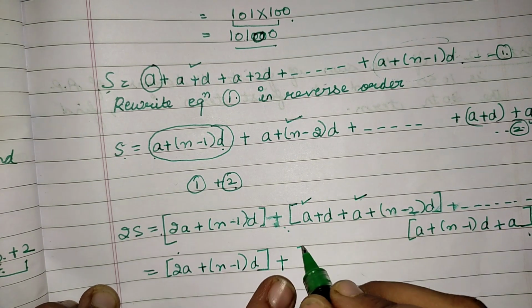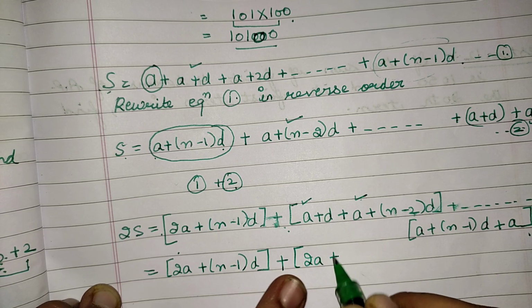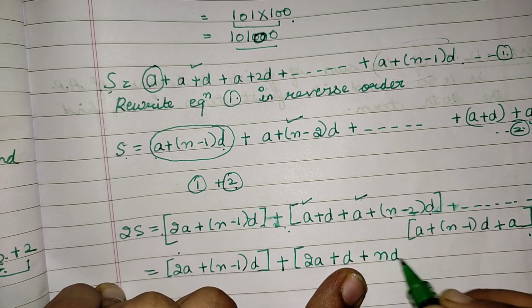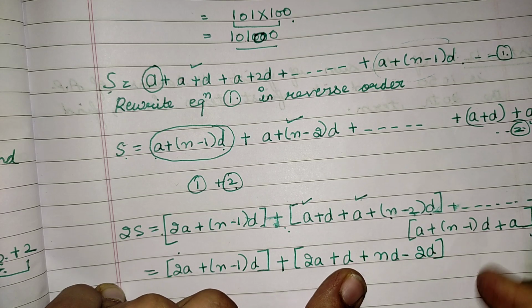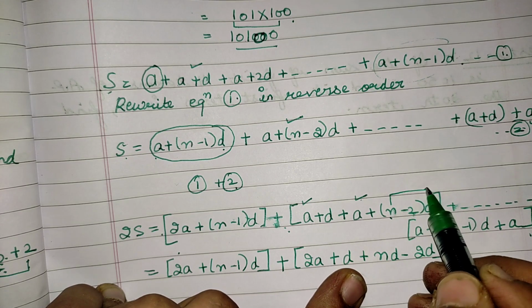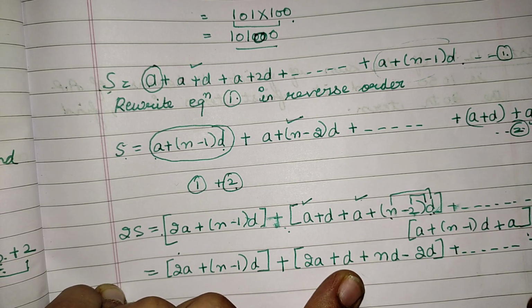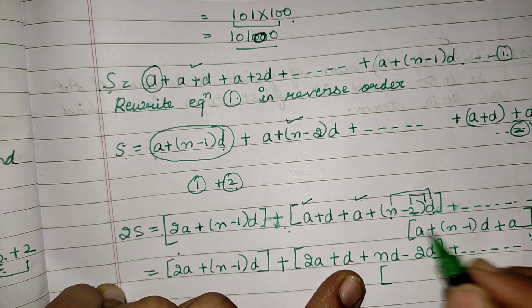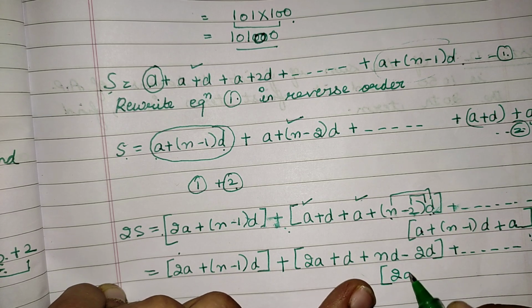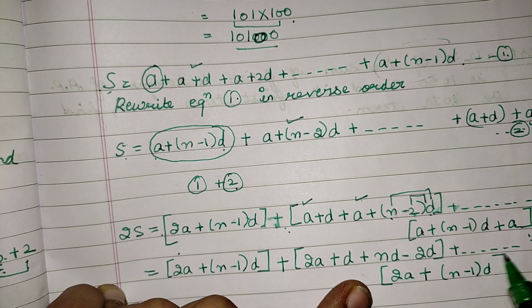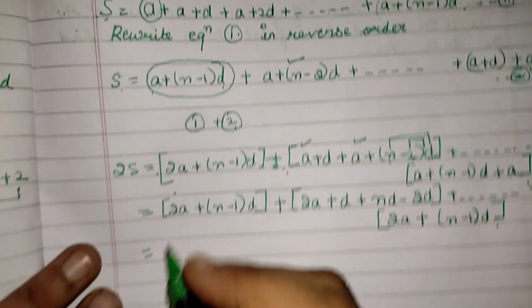a will give me what? A plus a will be equal to 2a. This will be d plus this will be nd minus 2d. After solving this bracket, I will get nd minus 2d. So similarly, the last term which I will get will be equal to what? A plus a will be equal to 2a and this will be equal to the same n minus 1 into d.